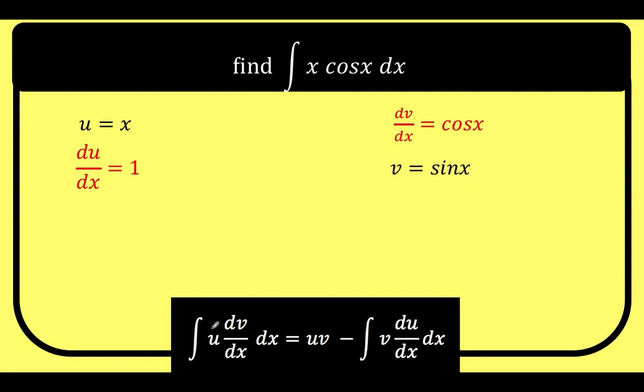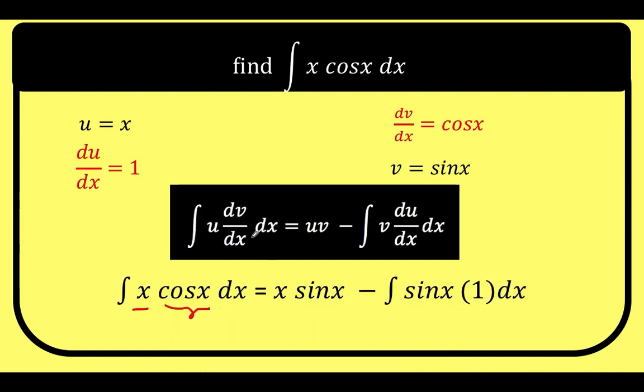So we now know the value of u, that is this part. We now know the value of dv/dx, and that is this part. We know the value of v, which is this part, and we know the value of du/dx, and that is this part. So we now know all the parts that we need in order to apply the integration by parts formula. And doing the necessary substitution, we substitute x for u, and cosine x for dv/dx.